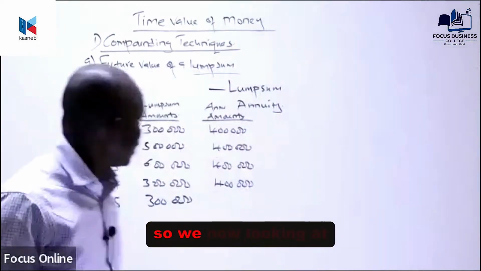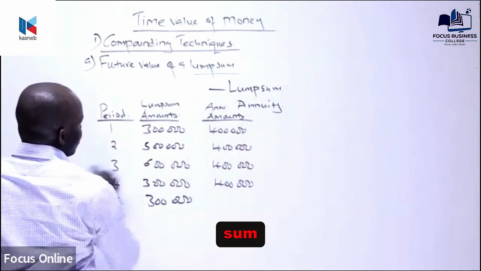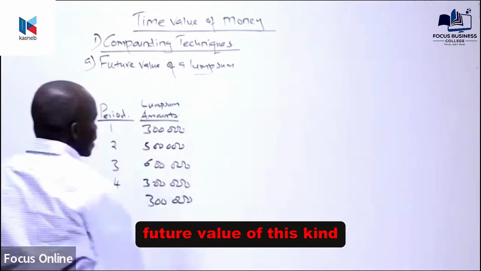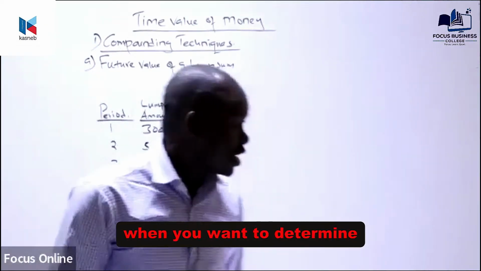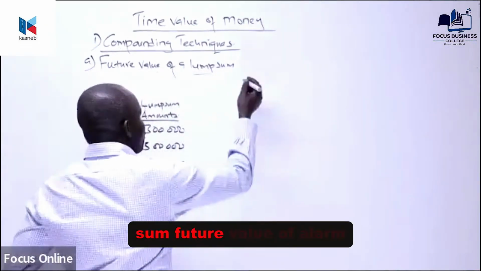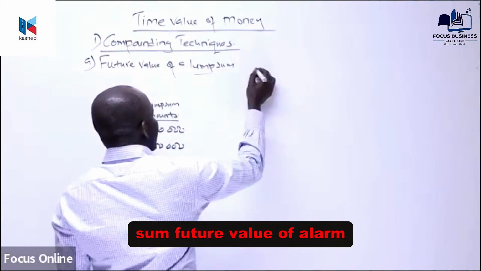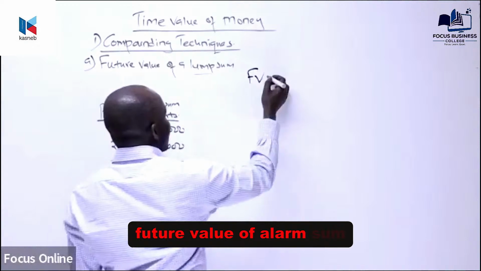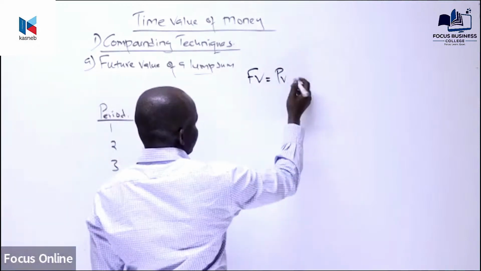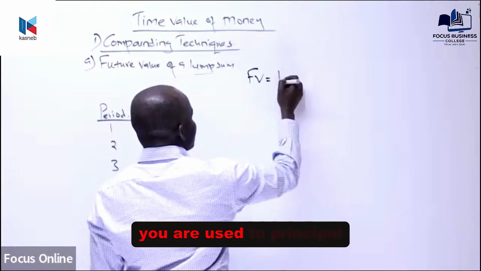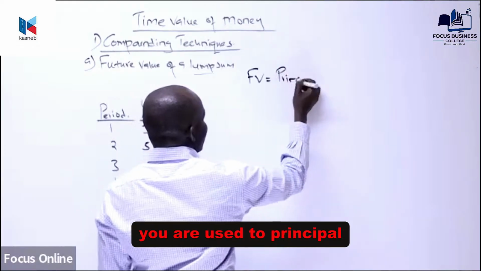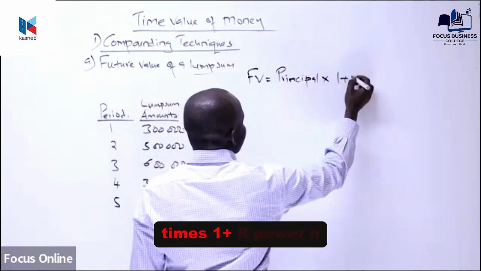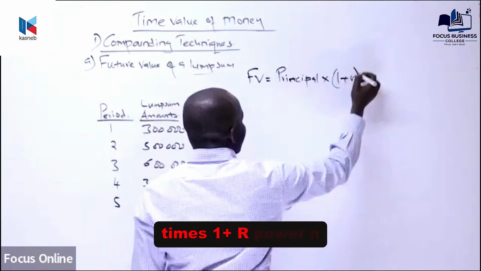So we are now looking at the future value of a lump sum, the future value of this kind of cash flows. When you want to determine the future value of a lump sum, FV, it is equal to the present value, or let's say principal, what you are used to, times 1 plus r power n.